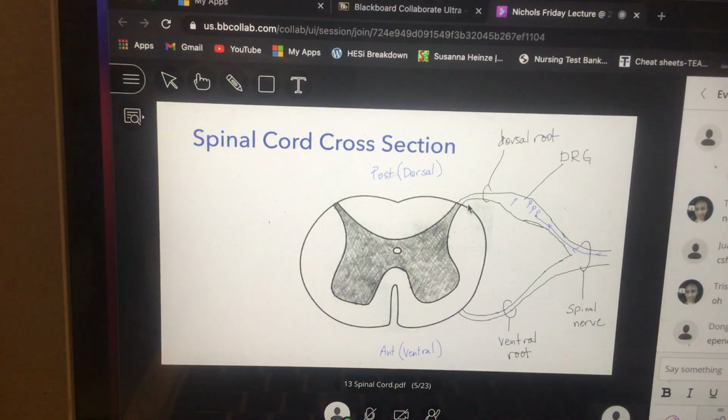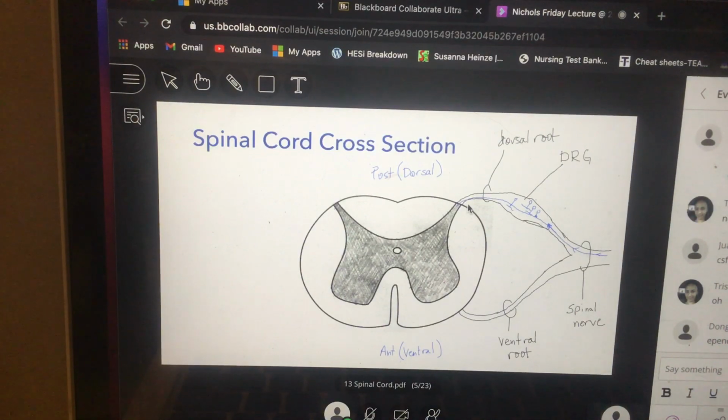Remember, action potentials only travel in one direction. So these are sensory or afferent because they're coming in from the periphery into the spinal cord. And so their cell bodies are located in the dorsal root ganglion. All right, so here's a bunch of other ones here. I won't draw their whole axons coming in.